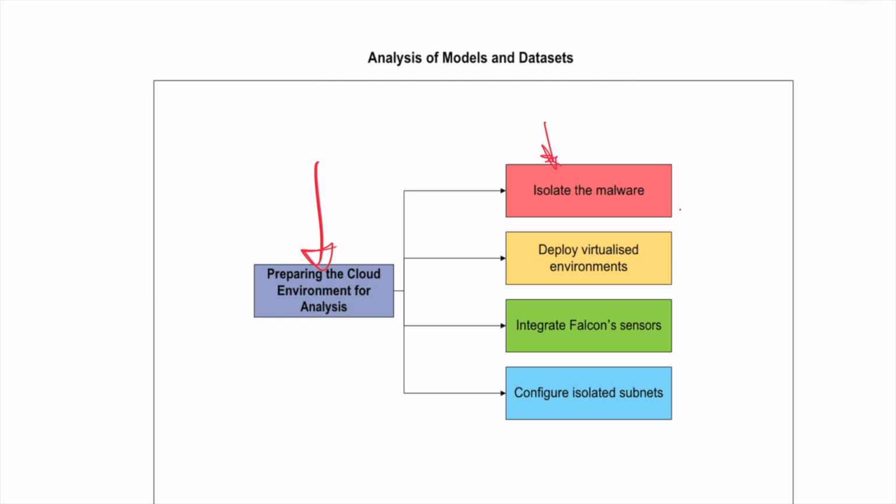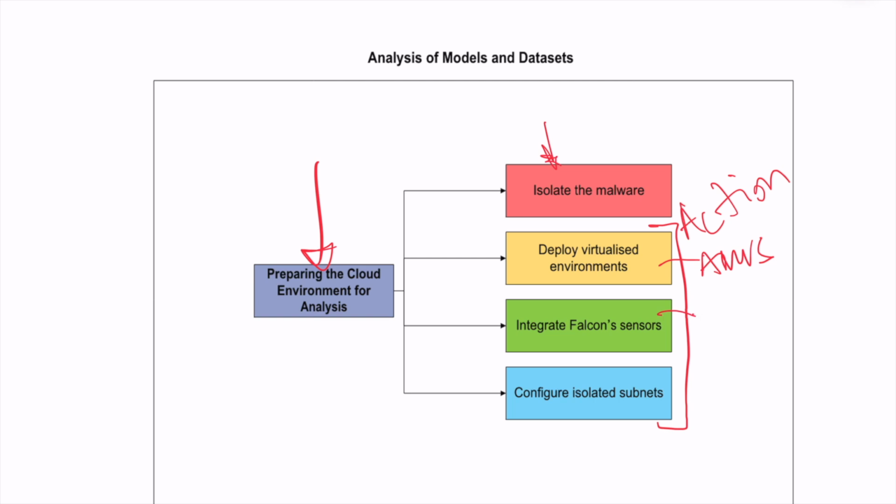The specific actions that you need to take are these. You can deploy a virtualized environment, for example Amazon Web Services CloudFormation or Google Cloud Sandbox, and that needs to be configured with specific logging and monitoring tools, which would be provided by the commercial software.